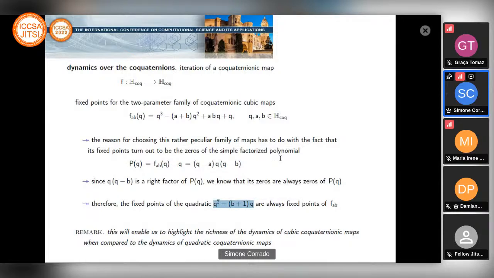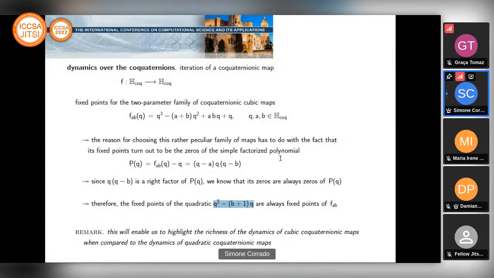It's just a rebranding of the parameter.